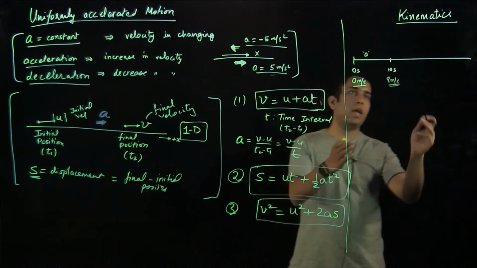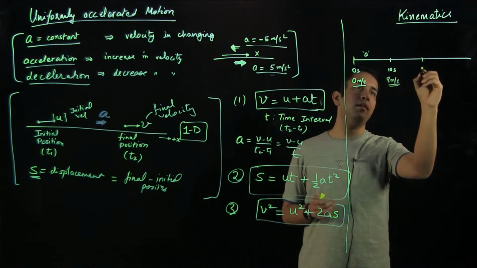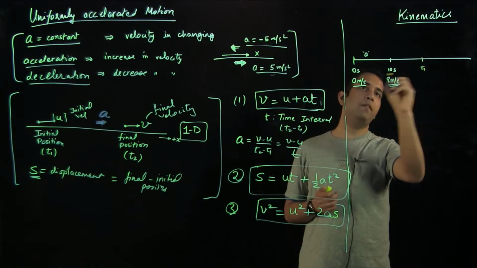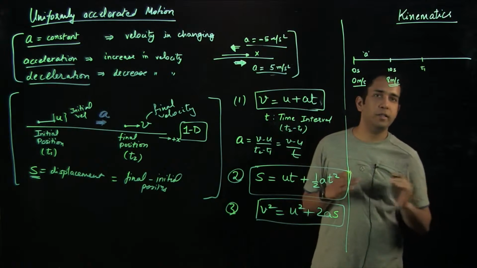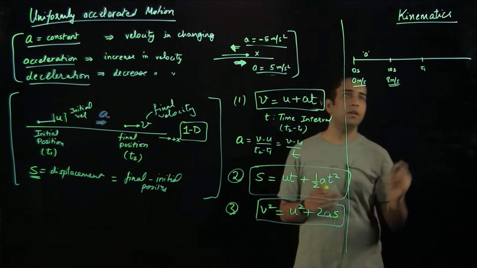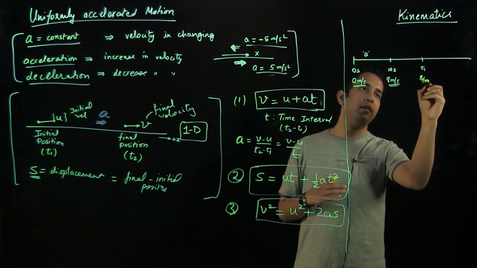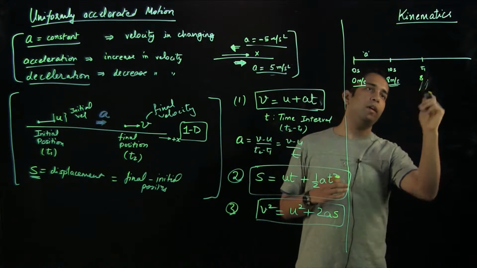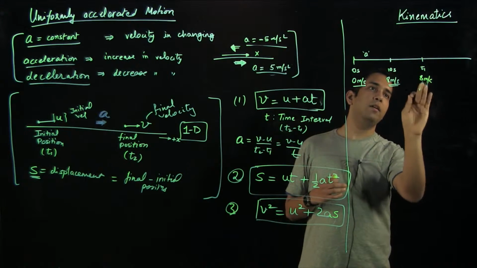Then for some time period, let's say till time t1, it does not accelerate or decelerate, so the velocity is constant. So still the velocity is 8 meter per second.